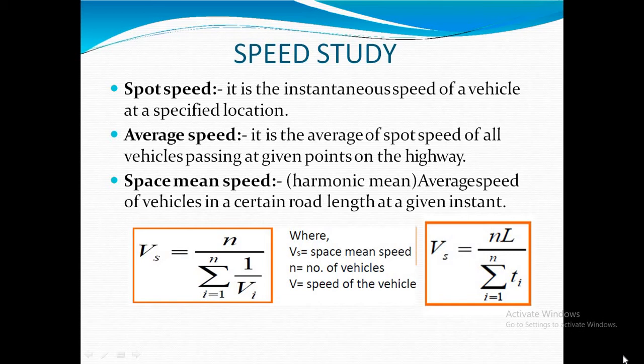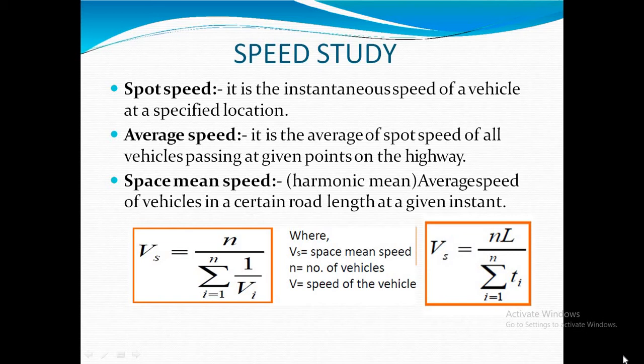So space mean speed means harmonic mean. It is the average speed of vehicles in a certain road length at a given instant of time. So at a particular time, on a certain road, that is the space mean speed we can say.